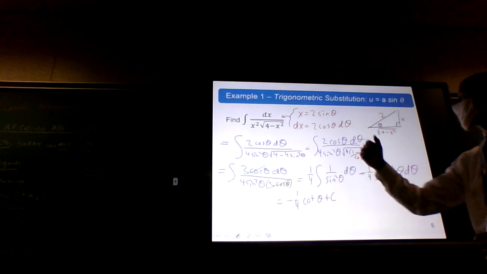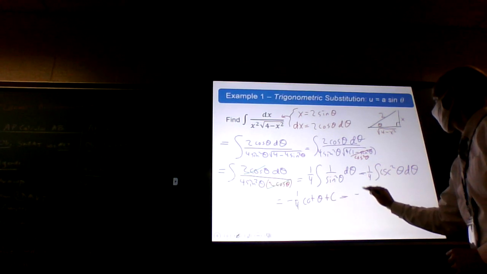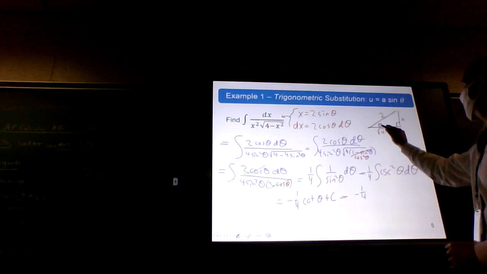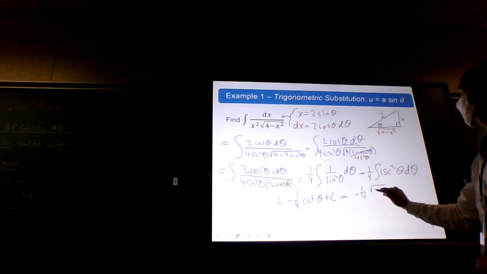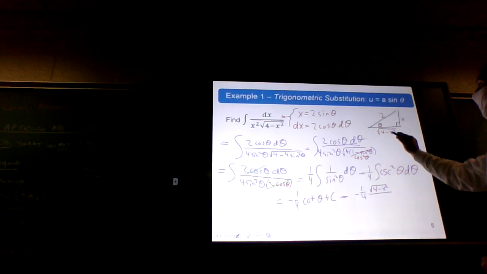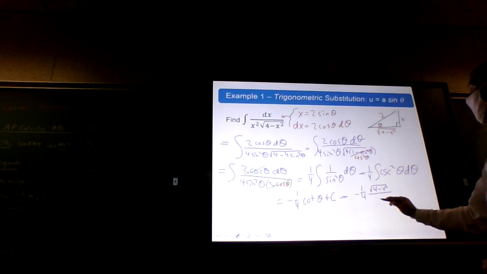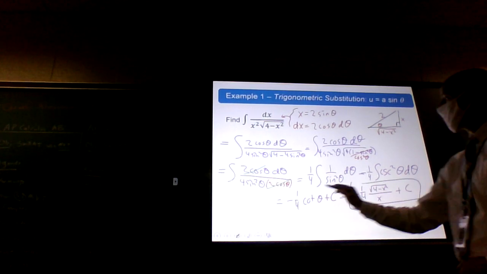Adjacent over opposite. So what's adjacent to theta? It's this leg here, right? So adjacent would be square root of 4 minus x squared over, and then what's the opposite? Holy cow.